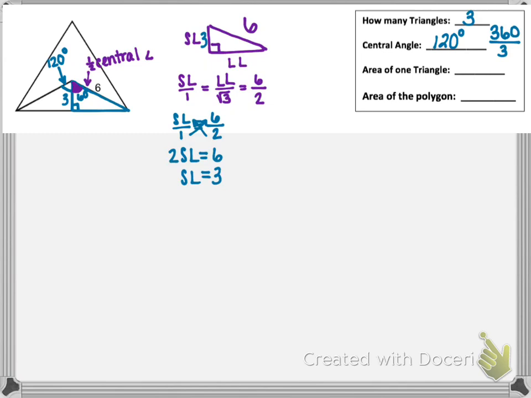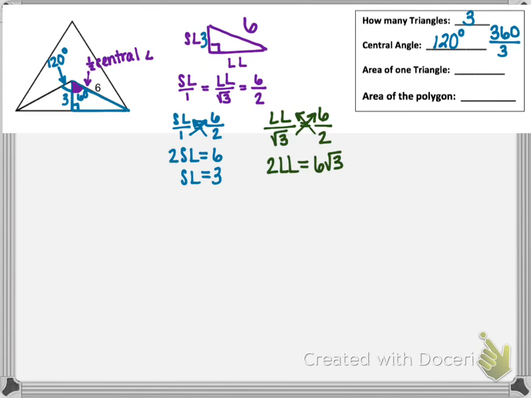Now let's look at finding that long leg. So we have long leg over the square root of 3 equals, and then we'll use the fraction with just numbers in it, 6 over 2. Then we'll cross multiply. 2 times long leg is 2 long leg equals 6 times the square root of 3 is 6 square root 3.